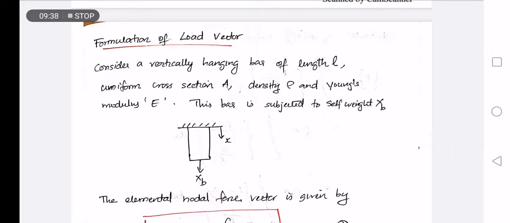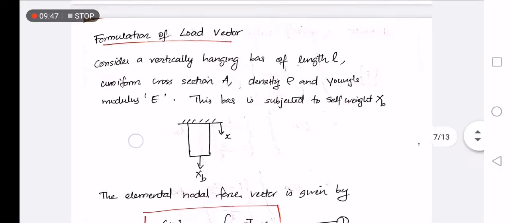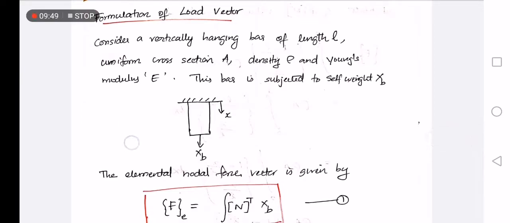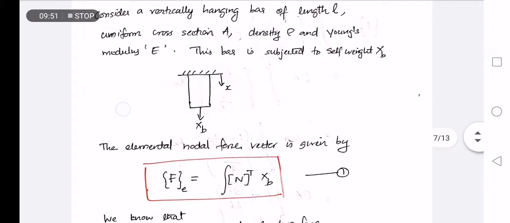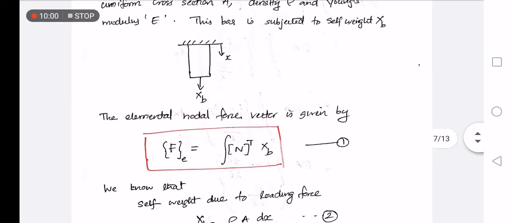Consider a vertically hanging bar of length L, uniform cross section A, density rho and Young's modulus E. So this bar is subjected to a self weight. Consider it as X. The elemental nodal force vector is given by F is equal to integral of shape functions matrix transpose into self weight.